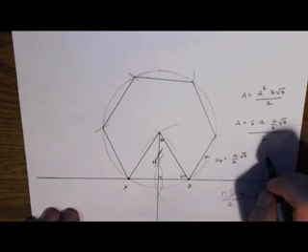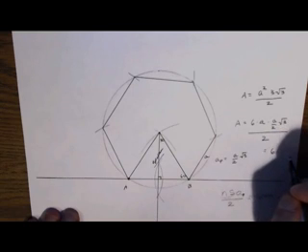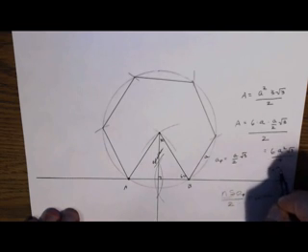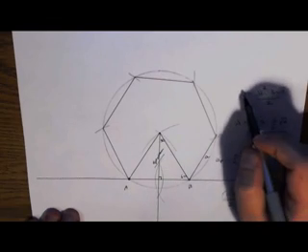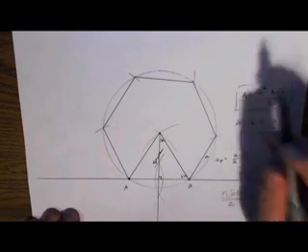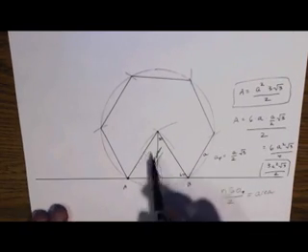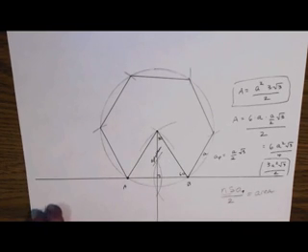What is this overall? Well, this is equal to 6a squared root 3 over 4, which is the same as saying 3a squared root 3 over 2, which is identical to when we were doing it just by using the area of all the internal equilateral triangles.